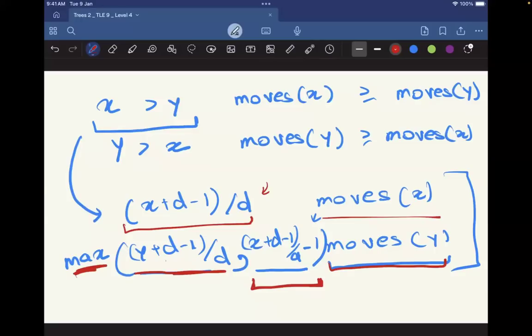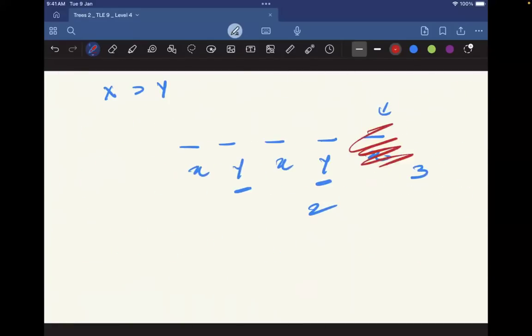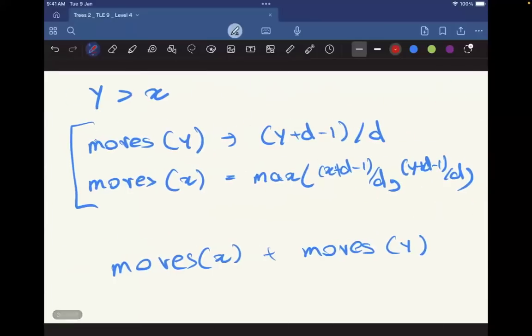Now, similarly, if we are ending at Y, let's say this is not there. Do you agree if I'm doing 2 moves for Y, I have to do at least 2 moves for X? In that particular case, do you agree that if this is the number of moves of Y, then the minimum number of moves required for X is at least this much?